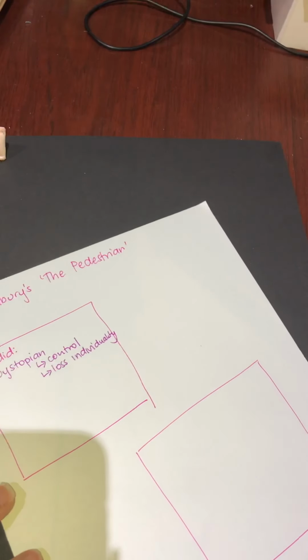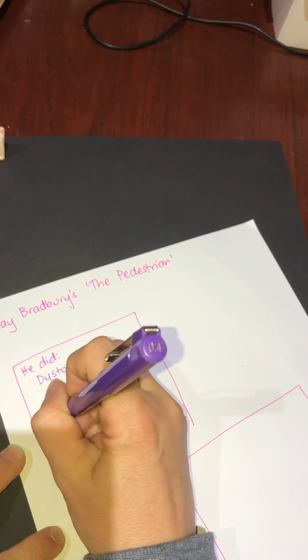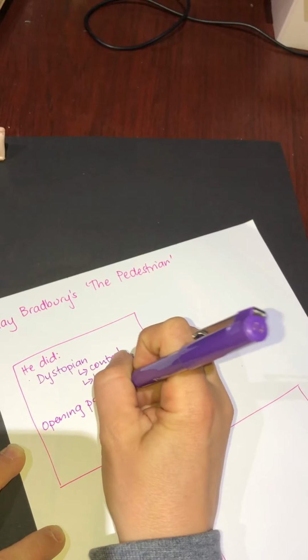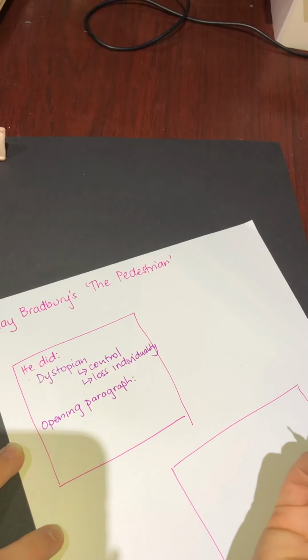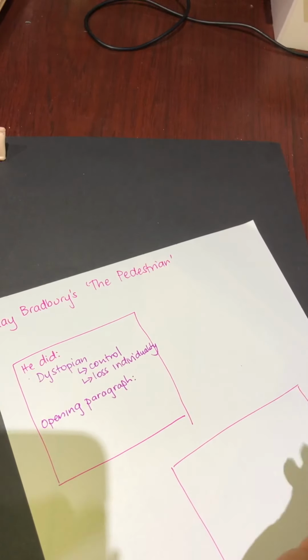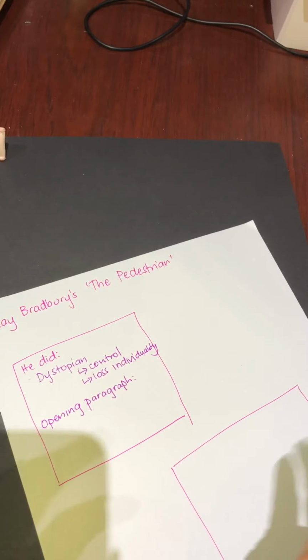Okay, then I'm going to specifically talk about what he does in his opening paragraph. And I might talk about the fact that he created this repeated imagery of this unnatural world because he repeatedly creates images of and uses the word silence.